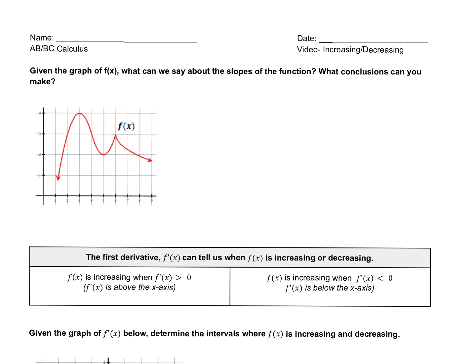So if I were to draw a bunch of tangent lines to this curve, they would all look in this way. So in this section, all the slopes would be positive, and then in this section, all the slopes would be negative, then they'd go back to positive, and then they'd go back to negative. So you can tell when f of x, when the original function is increasing, the slope of the tangent line is positive.